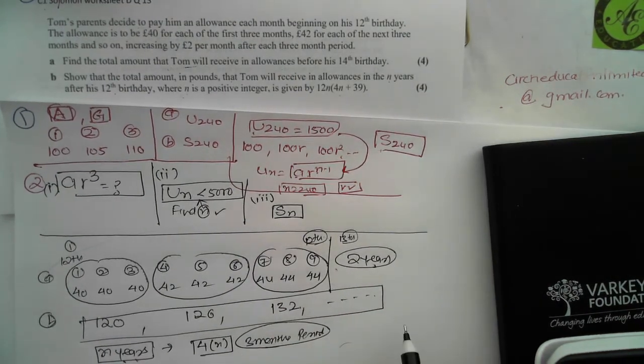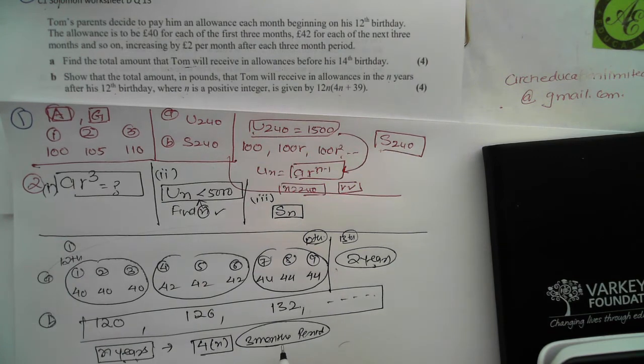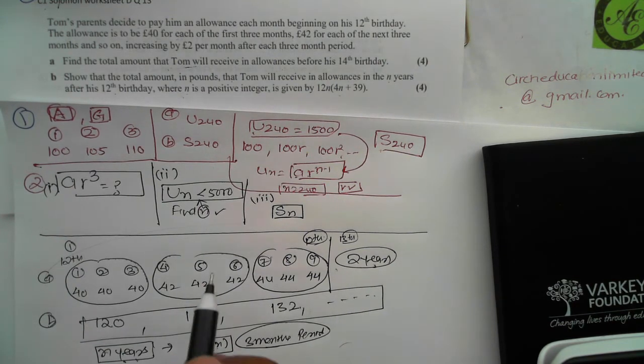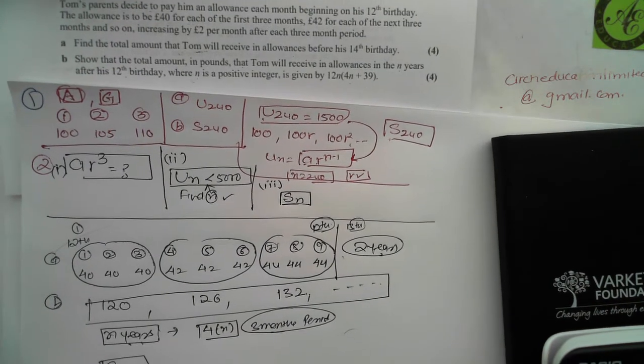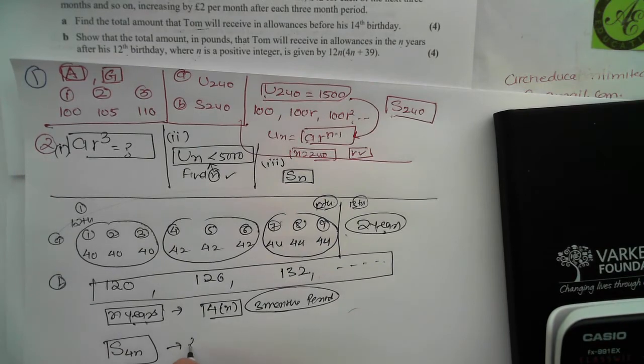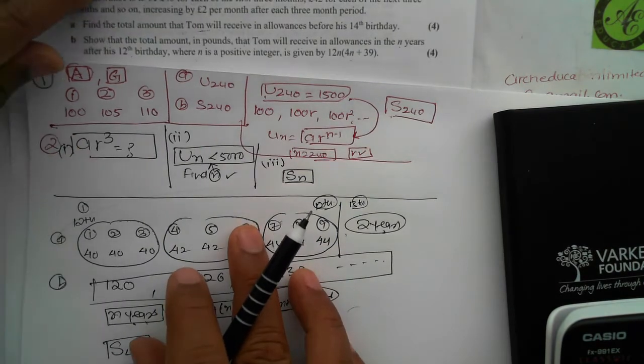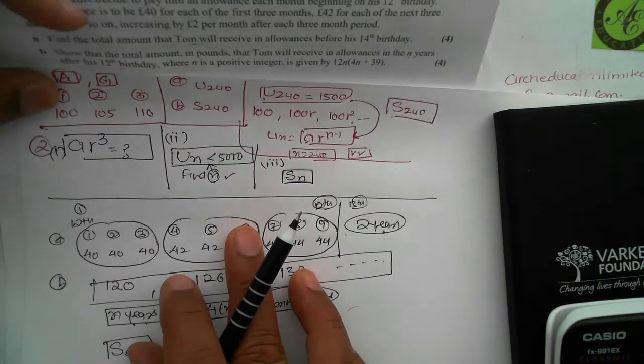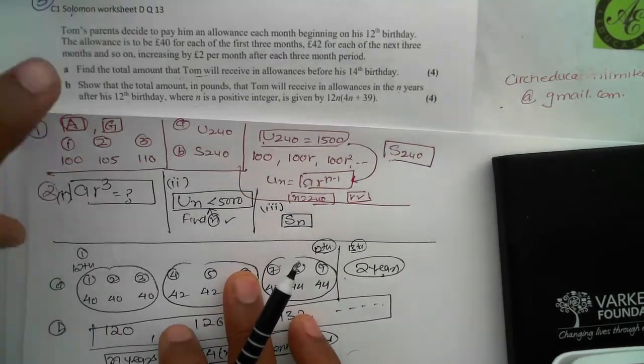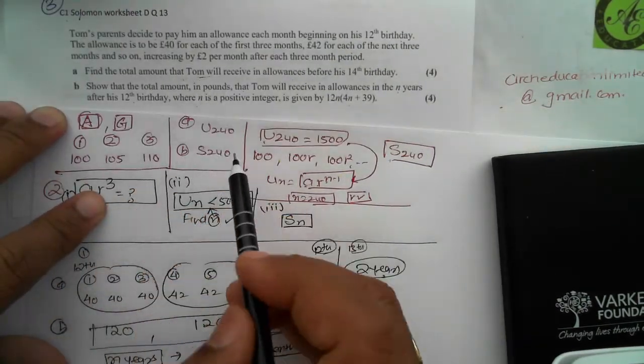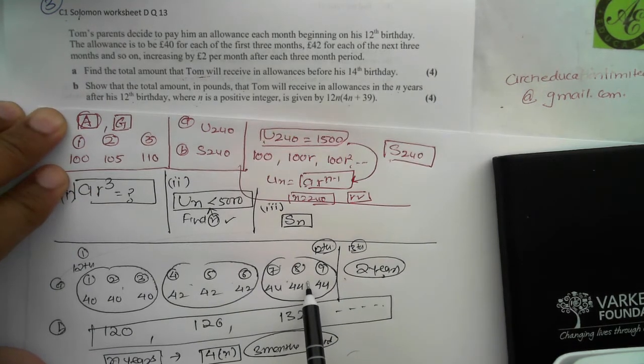So guys, it says total amount, so we're going to find S of 4n using the arithmetic series formula. Once again, you're going to find S of 4n using the arithmetic series formula, and that's what we're looking for. Once again, I tell you why. Because the monthly amounts do not make part of any arithmetic series, but once you combine them into 3 month periods, this becomes an arithmetic series.